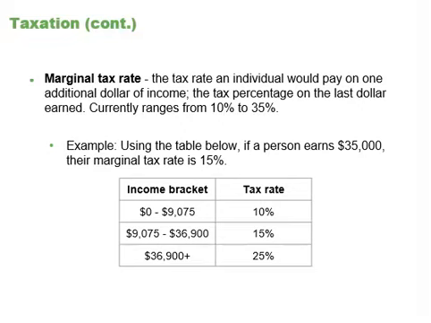Medicare, on the other hand, pays for elderly health care and is fixed at 2.9% with no upper ceiling. In both cases, the employer and the employee split the payroll taxes. An employee only sees 6.2% deducted from his or her paycheck for Social Security and 1.45% for Medicare.